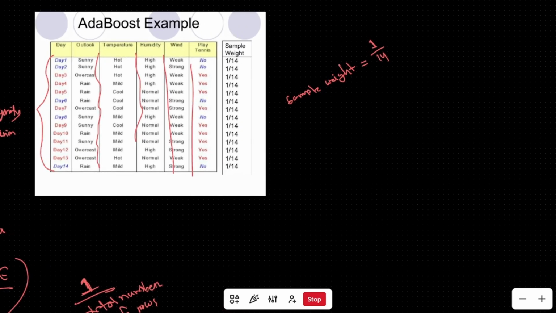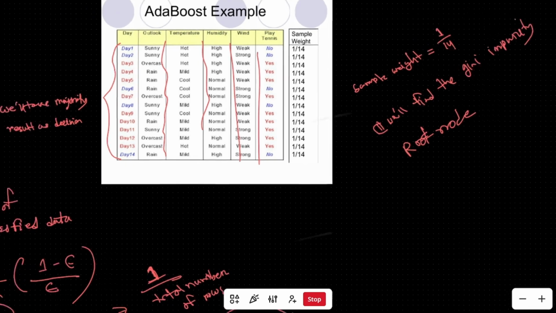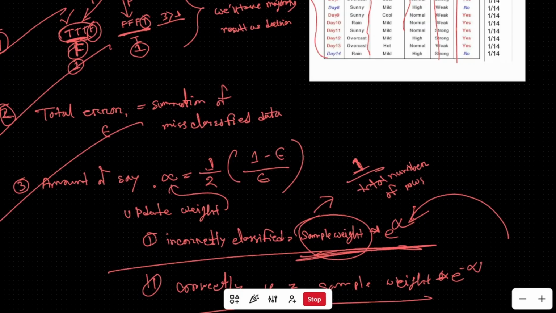Then we find the root node. In the same way we will find the error, then the amount of say, and then we will update the table.